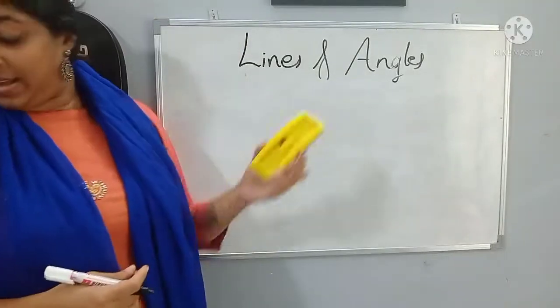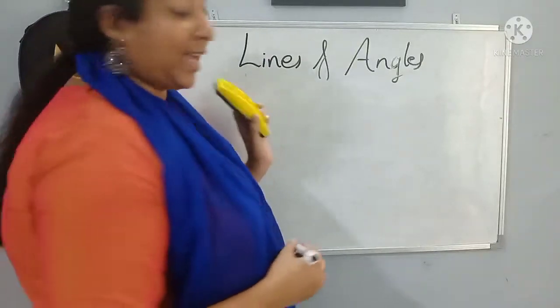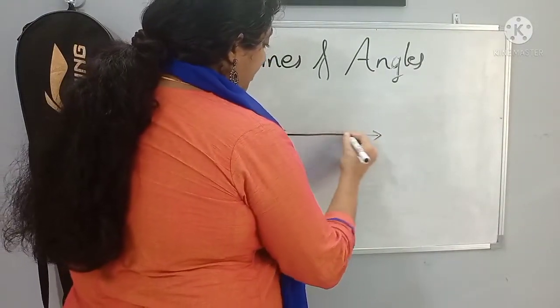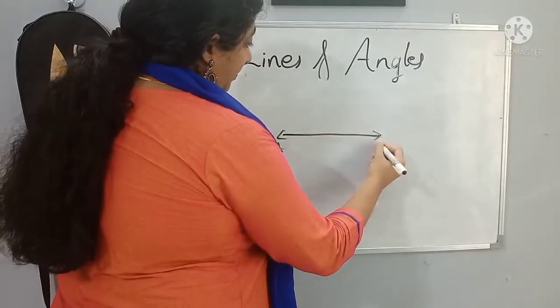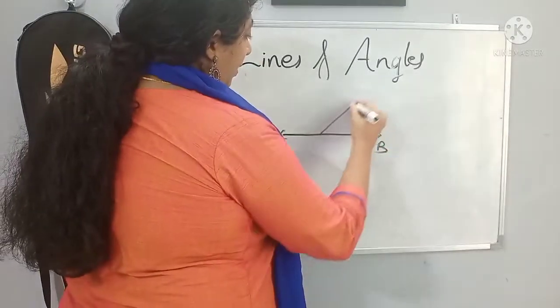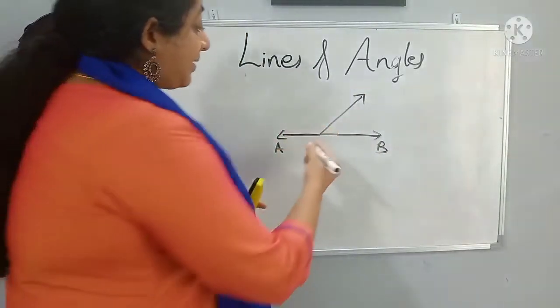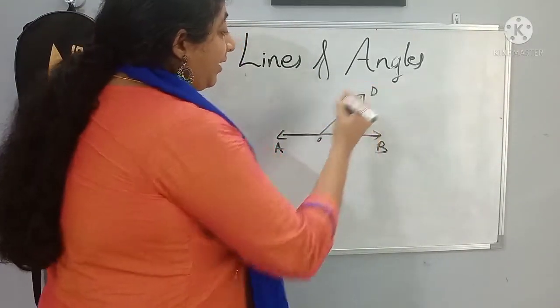Next one is linear pair of angles. Here is the center, I will mark D here.